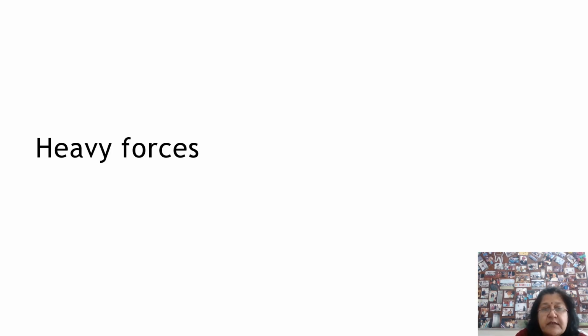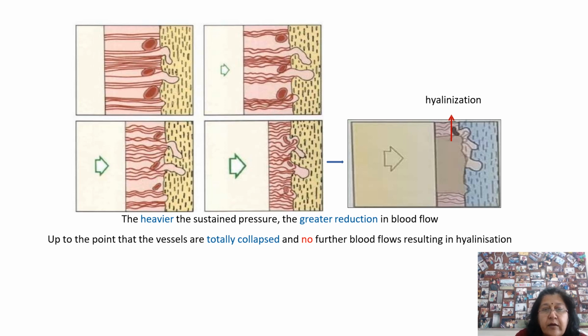When heavy forces are applied, there is reduction in the blood flow, and the greater the force applied, the greater the reduction in blood flow, till the blood vessels totally collapse and there is no further blood flow, which results in formation of a hyalinized zone or a cell-free zone.